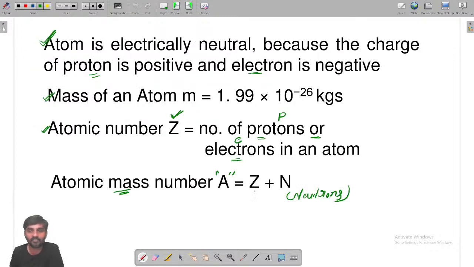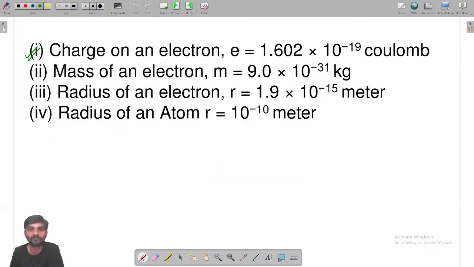In the previous slide, the mass of an atom is 10^-26 kg, and the mass of an electron is 10^-31, not positive 31, it is minus 31. That means very, very small, almost 1 lakh times smaller.